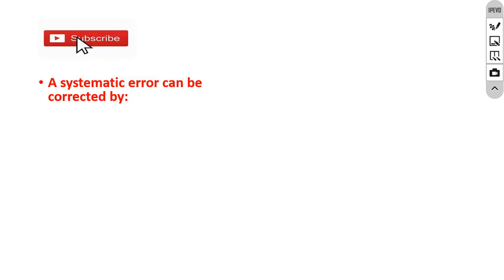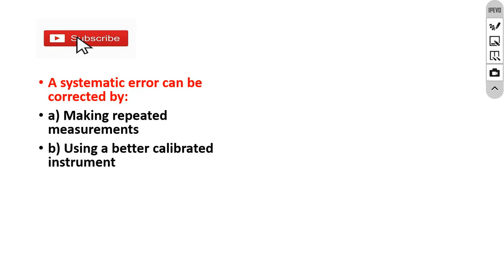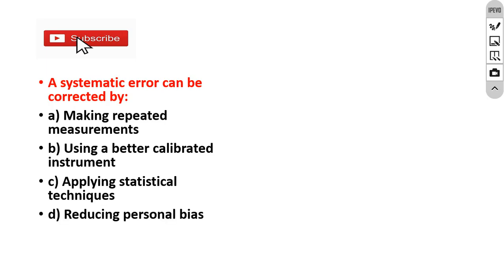Okay, let's move forward. Question number 3. A systematic error can be corrected by: A. Making repeated measurements, B. Using a better calibrated instrument, C. Applying statistical techniques, D. Reducing personal bias. The correct option is B, using a better calibrated instrument.